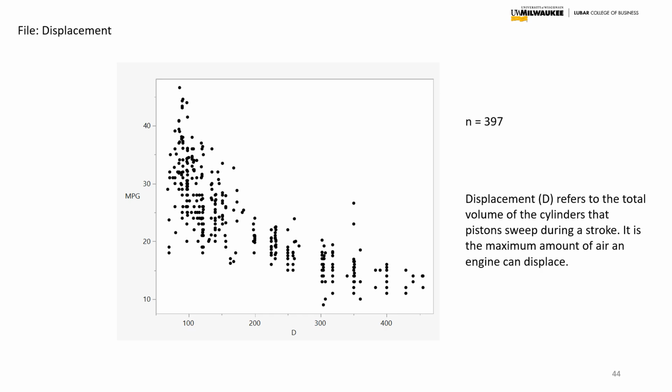In automobile talk, this refers to the total volume of the cylinders that the pistons sweep during a stroke. It is the maximum amount of air an engine can displace. We see that there is indeed a negative relationship between miles per gallon and displacement, and we see curvature to the data.